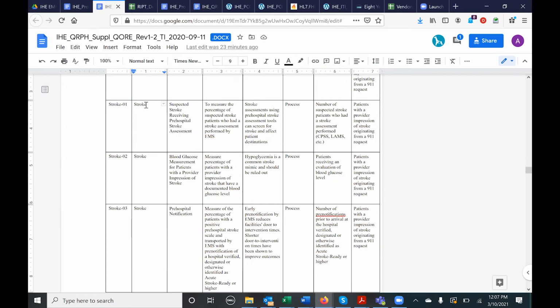let's say a particular data provider supported stroke-01. In this case, that's an EMS measure. So I guess it would be an EMS agency sending data to someone about stroke-01. So are they sending how they did on that one patient on that one call for stroke-01?